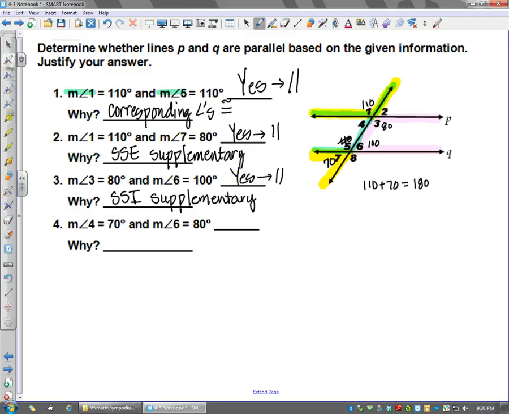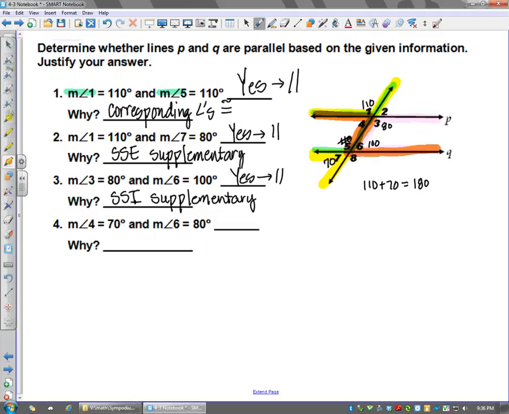Now number 4, it tells me that angle 4 is 70, and it tells me that angle 6 is 80. So here's angle 4, here's angle 6.